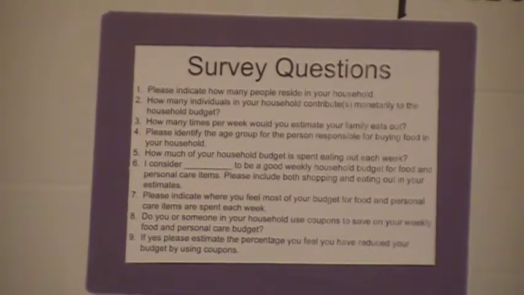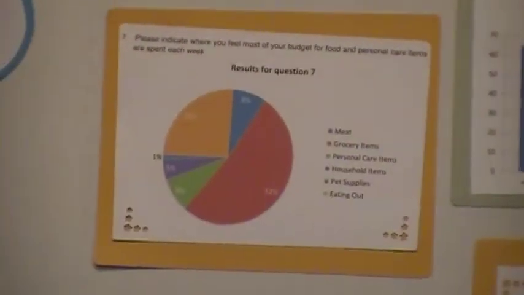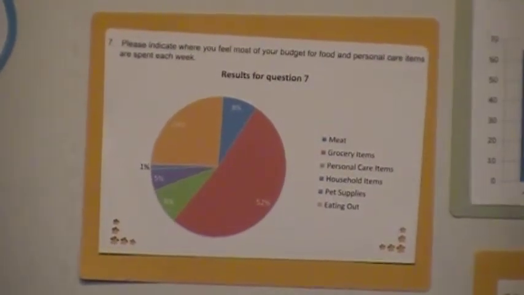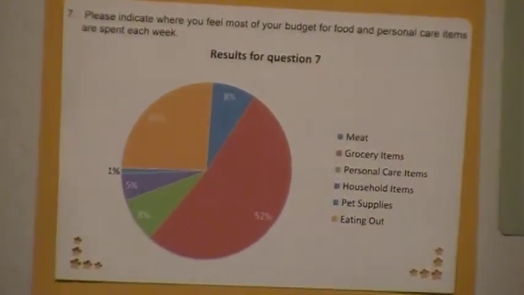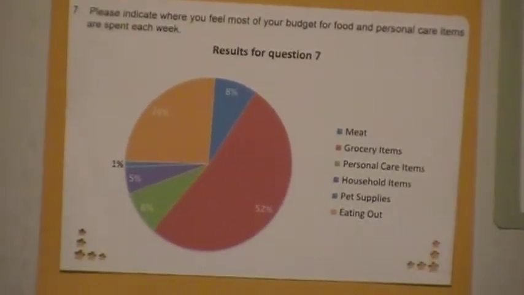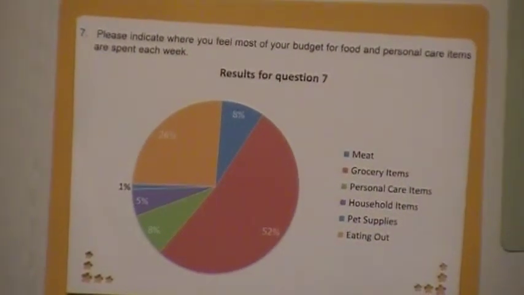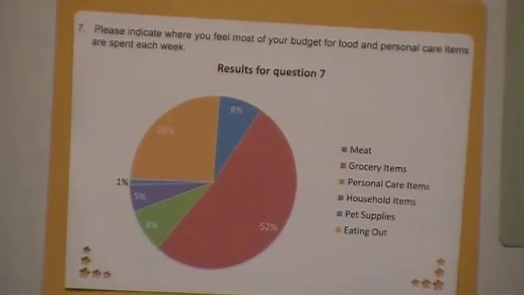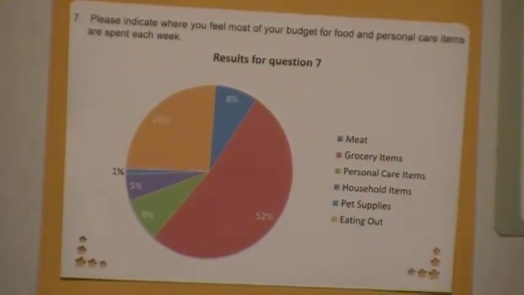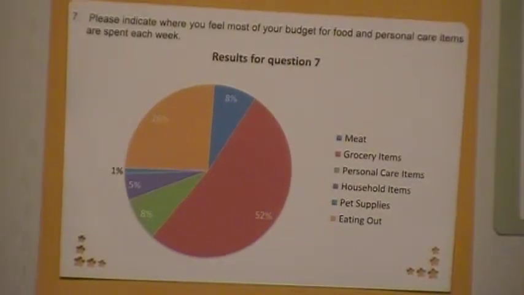My favorite is the pie chart, because I like the pretty colors, and it's nice to look at and easy to read. It responds to question number 7, on where you feel most of your budget for food and personal care items is spent each week. Overwhelmingly, 52% said that it's on grocery items. And the second largest expenditure, with 26%, would be eating out in restaurants.